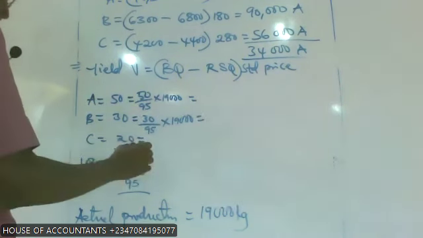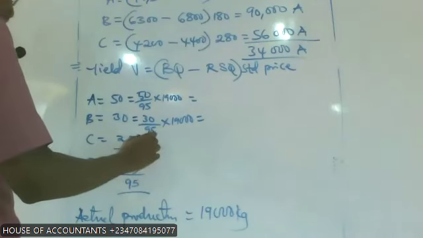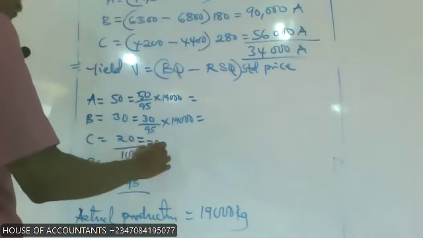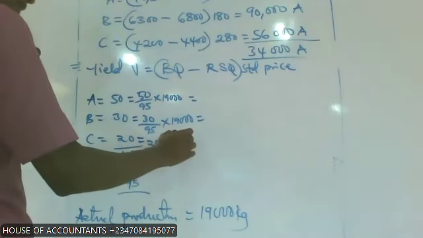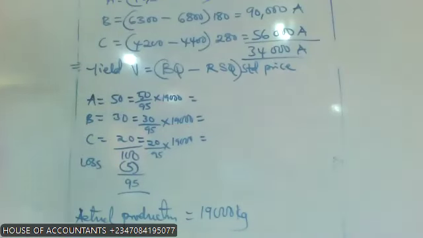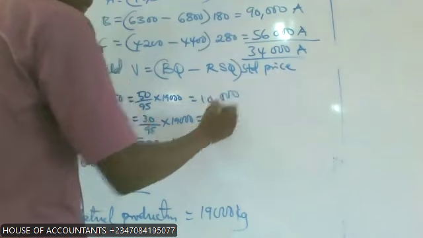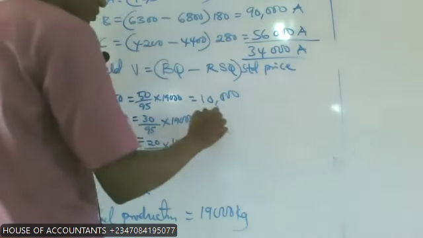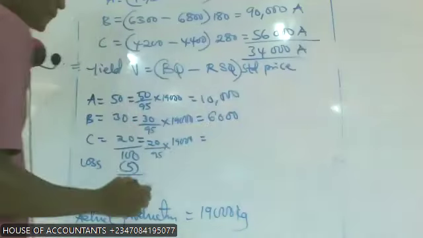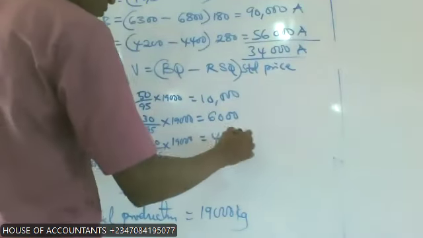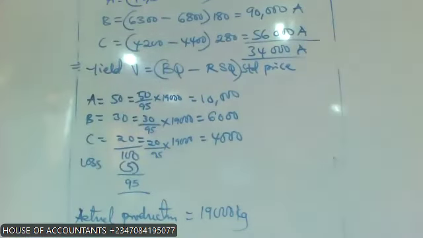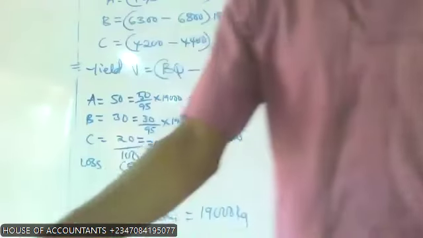Then this one will be 20 over 95 times 19,000. What do we get for this one? This one is 10,000, 6,000 and 4,000. So that is for the yield aspect.